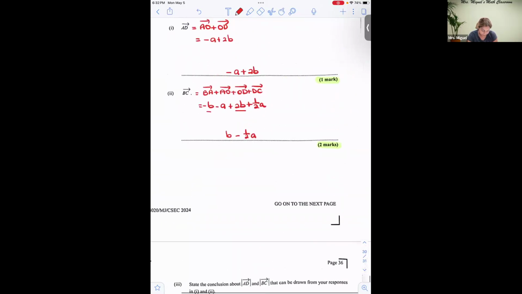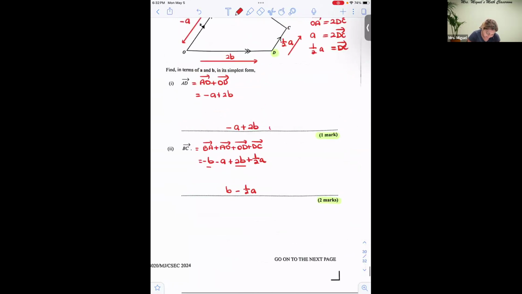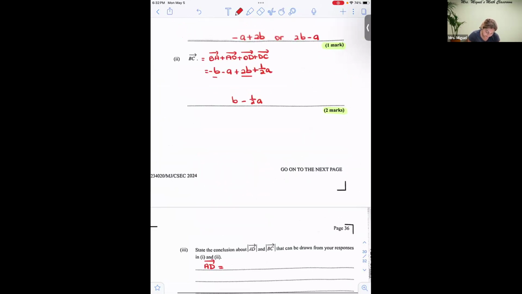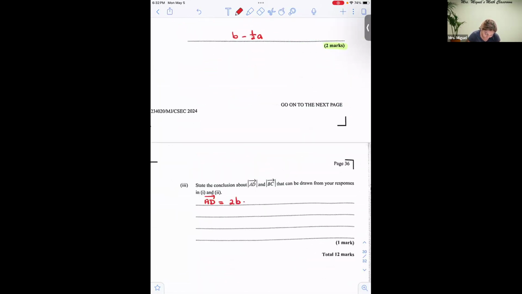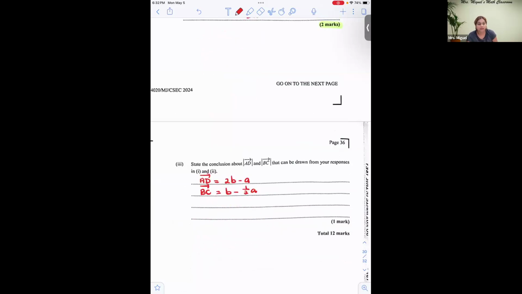So AD, I could write this as 2B minus A. So this is 2B minus A, and BC is equal to B minus a half A. So I can look at that, right?